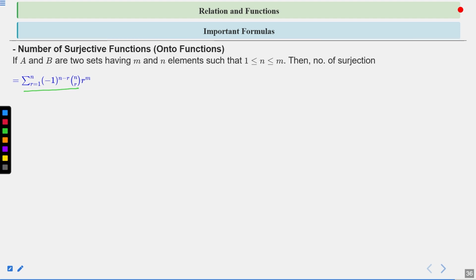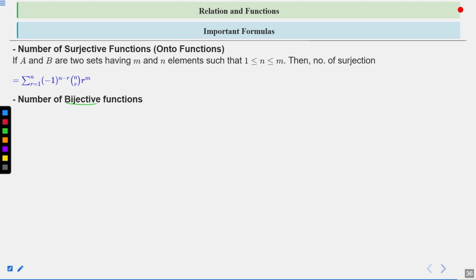This formula is also derived from the concept of permutations and combinations, so you just need to memorize this. Summation of r goes from 1 to n of the expression (minus 1) raised to (n minus r) times nCr. This nCr represents your binomial coefficient. Simple. Times r raised to the power m. Clear?